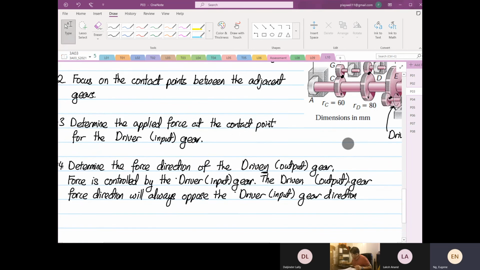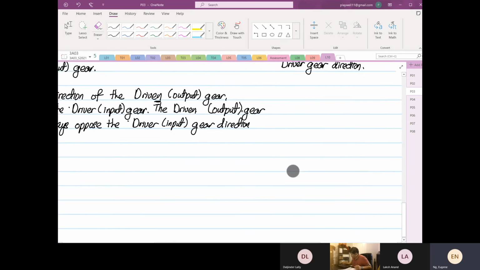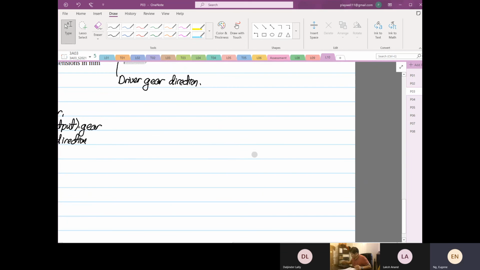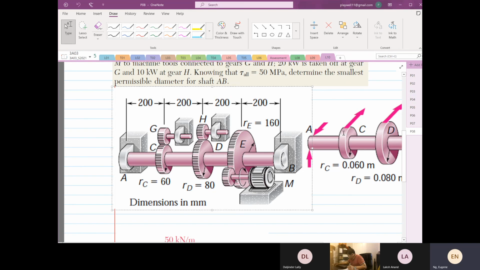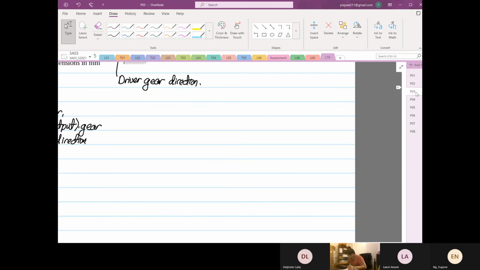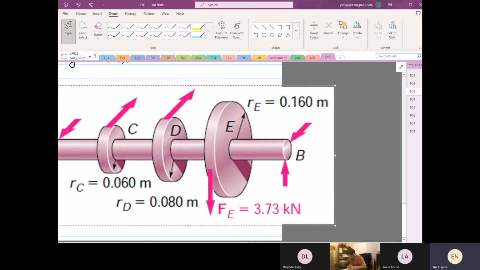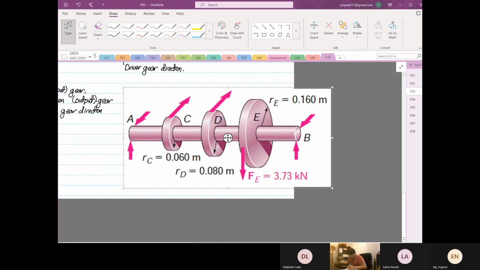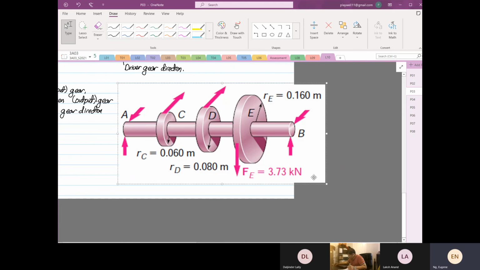I'm going to copy and paste another diagram from the textbook. These are the forces from the textbook.